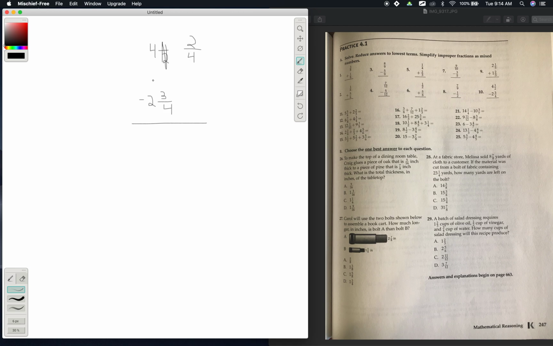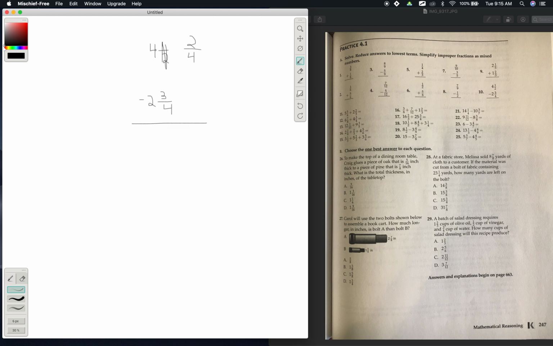And since this is subtraction, guys, what we have to do here is we can't take 3 away from 2. So what we're going to have to do, and this is the same for all mixed numbers, even though we only have one example here, just want to let you know it's the same for all of them. You would borrow from the 4 here, okay?